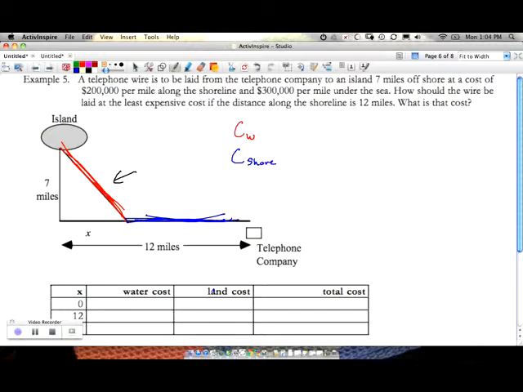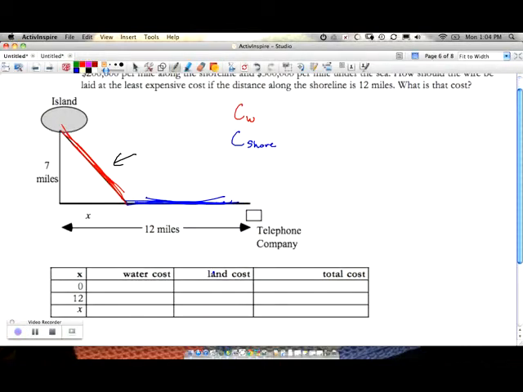Now we already have it split up here, but let's do some calculations just to see what we would do. If we have 0 for x, then that means our red length would go straight up and down, and that would be 7. What is the cost for water? It's $300,000 per mile.